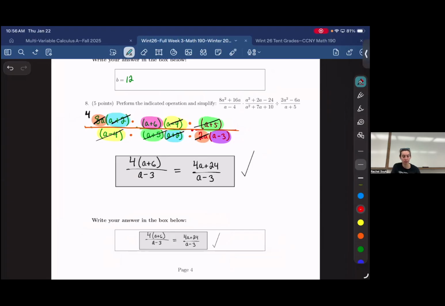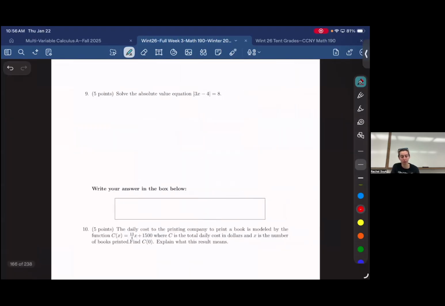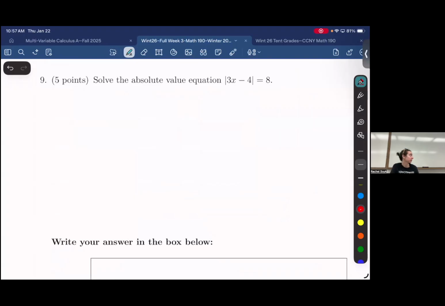So let's continue. We're going to go on to question 9. Solve the absolute value equation. We have the absolute value of 3x minus 4 is equal to 8. The absolute value is all by itself, so that's great. First step is complete.